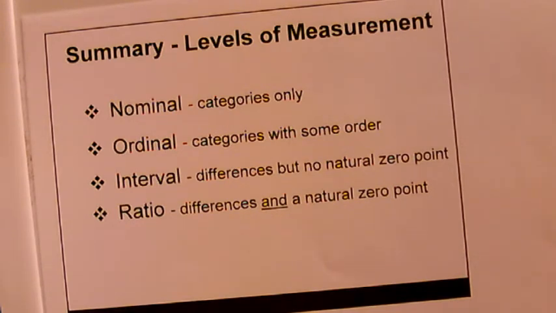The interval, there are differences, but they don't have a natural zero point, like the years that we talked about. There was no year 0. And ratio, there are differences, and there is a natural zero point. Books can cost $0. Books can be sold for free. And also, a $100 textbook is twice as much as a $50 textbook.